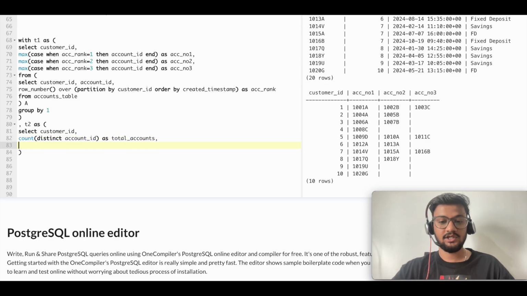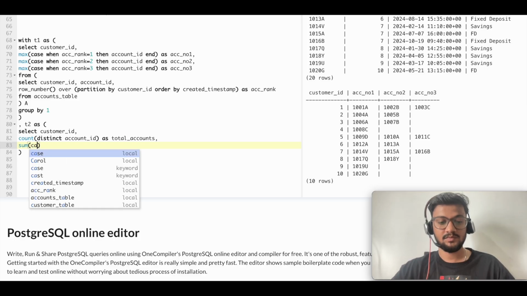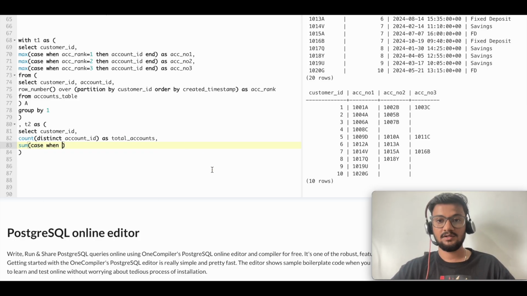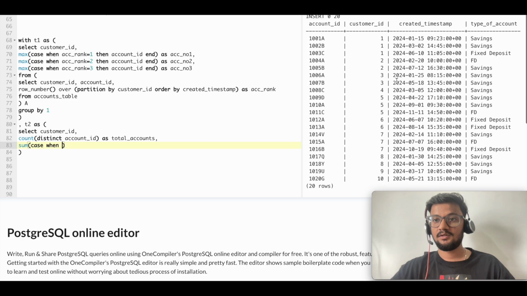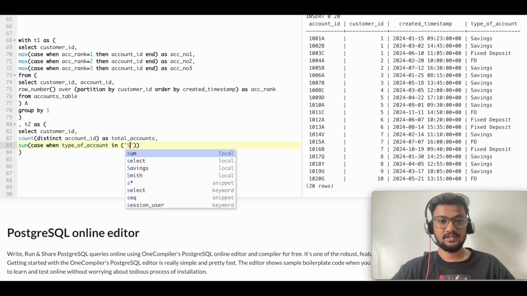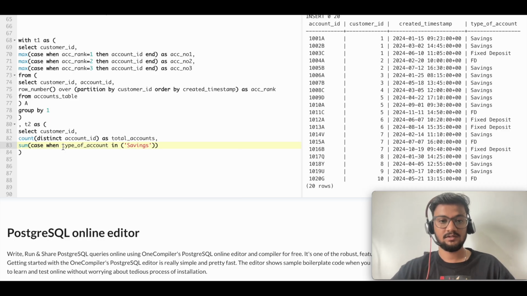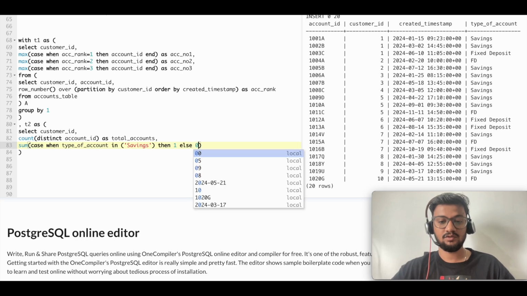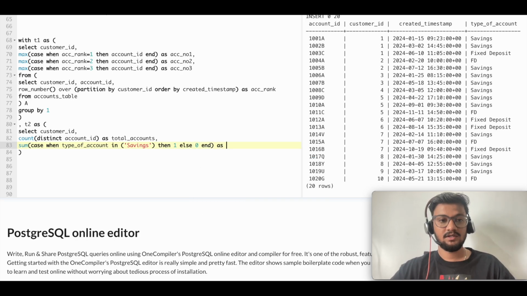Now here we will use a case statement where we'll keep as sum case when our type of account is in savings, then 1, else 0, and as our savings account count.